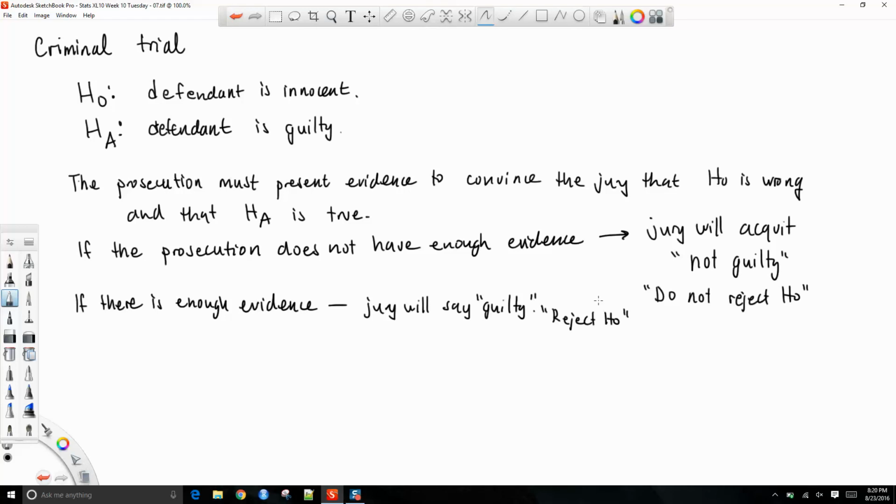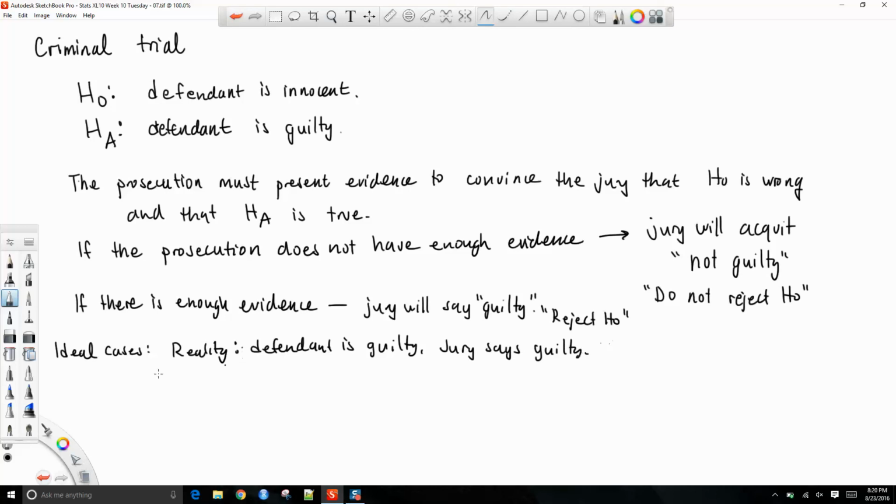So ideally, in our ideal cases, if the reality is the defendant is guilty, then the jury says guilty.